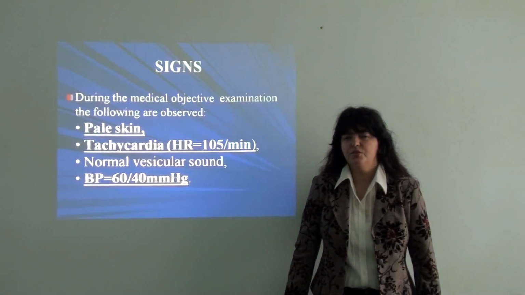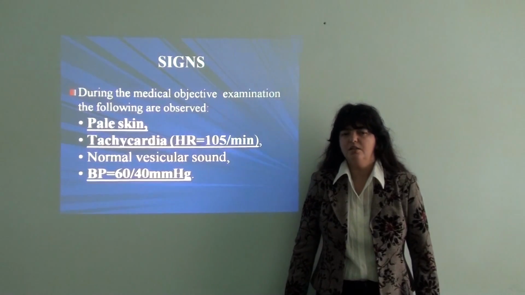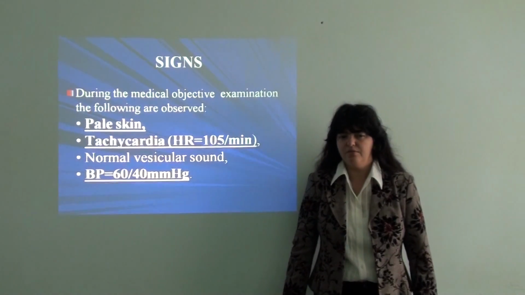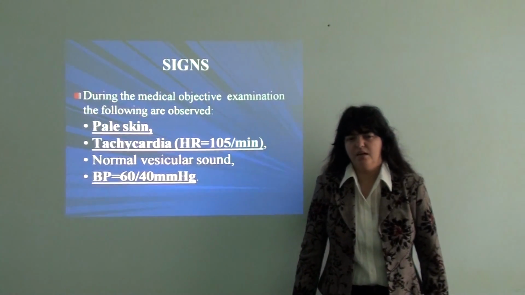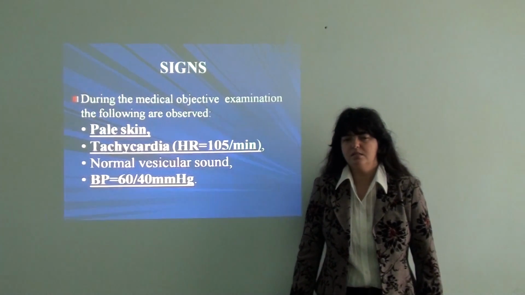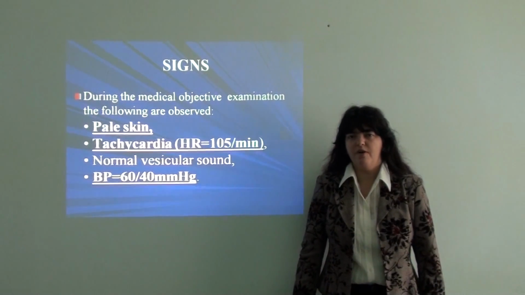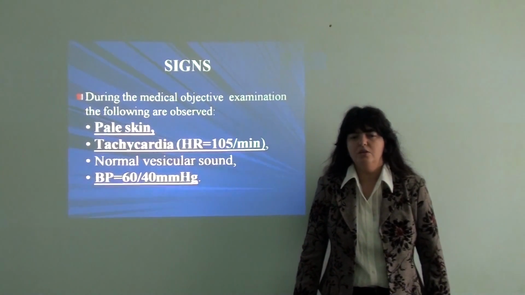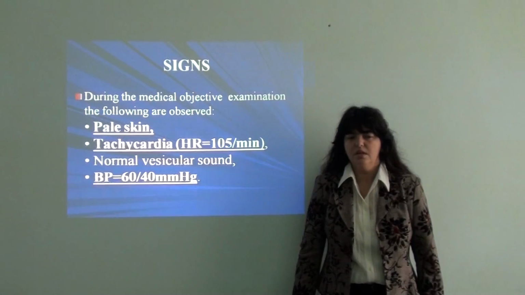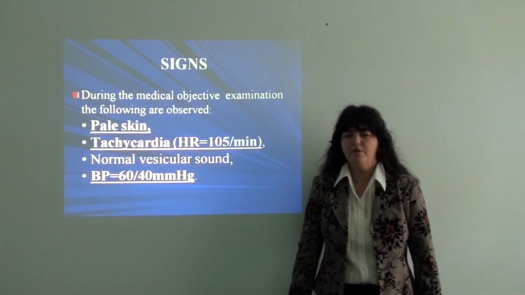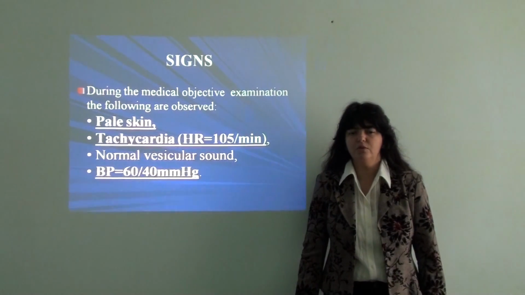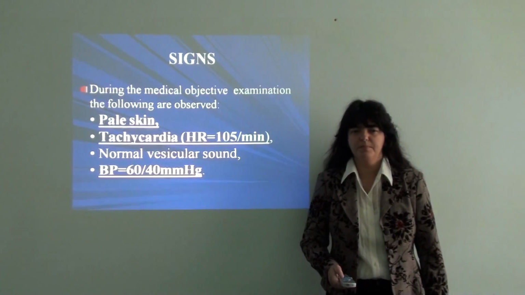During the medical objective examination, the following were observed: pale skin, tachycardia, the heart rate was 105 beats per minute, normal vesicular sound, and the value of blood pressure was very low, 16/14 mm mercury.